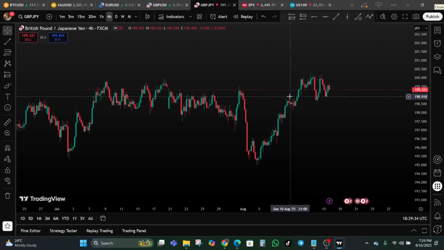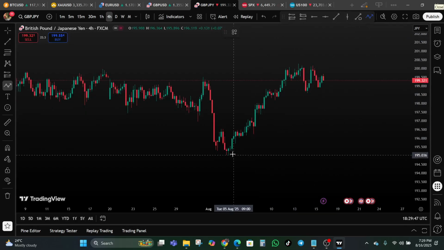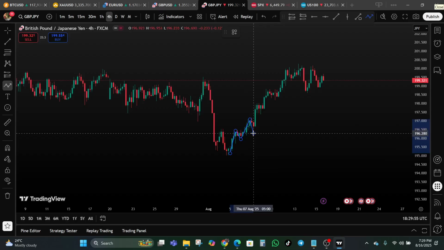So what exactly is a pullback in this context? A pullback is a retracement of price after an impulsive move. Basically, whenever you have an impulsive move like this, you have price retrace. That retracement is called a pullback. You have another impulsive move, you have price retrace.